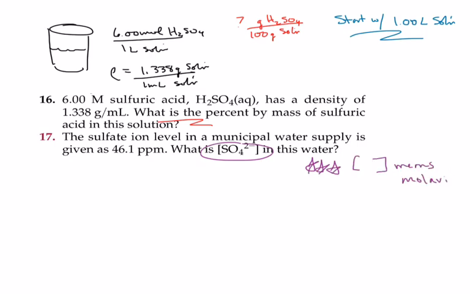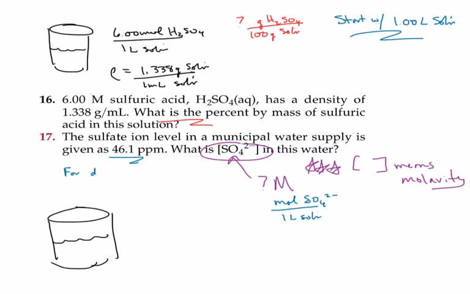This one, now this was an important thing, so I'm glad to tell you, some semesters I have not. Anytime you see brackets and something inside the brackets is indicating molarity, capital M. So you're after the molarity of sulfate in this water. And it's parts per million, which, if you're like me, I don't do a lot with these days.